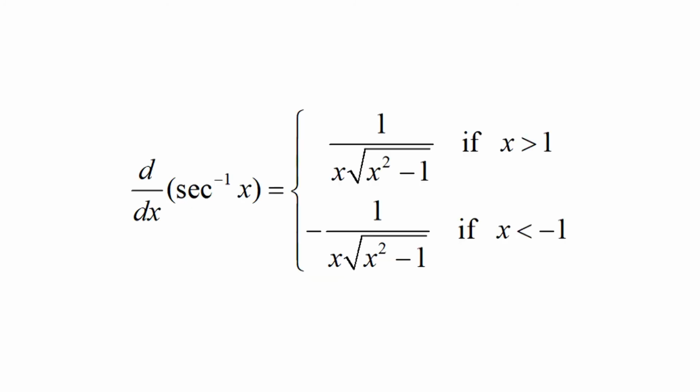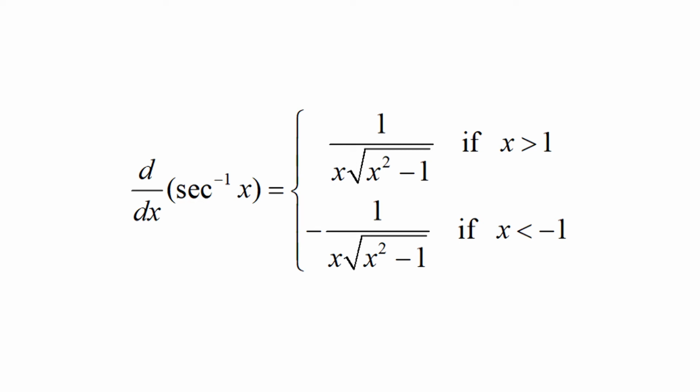Hence, d by dx of sec inverse of x equals 1 by x into square root of x square minus 1 if x is greater than 1, and minus of 1 by x into square root of x square minus 1 if x is less than minus 1.